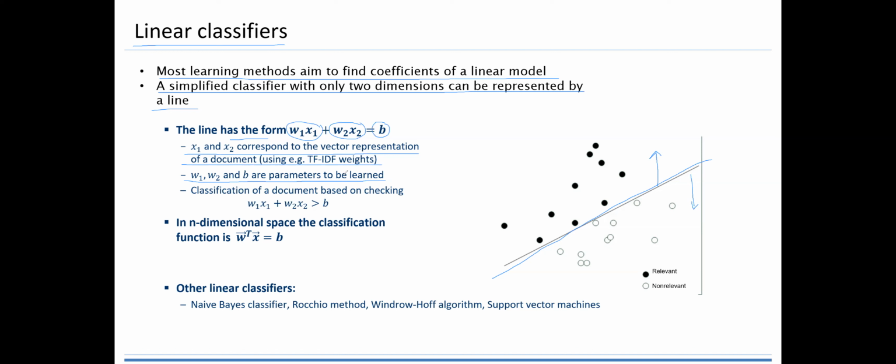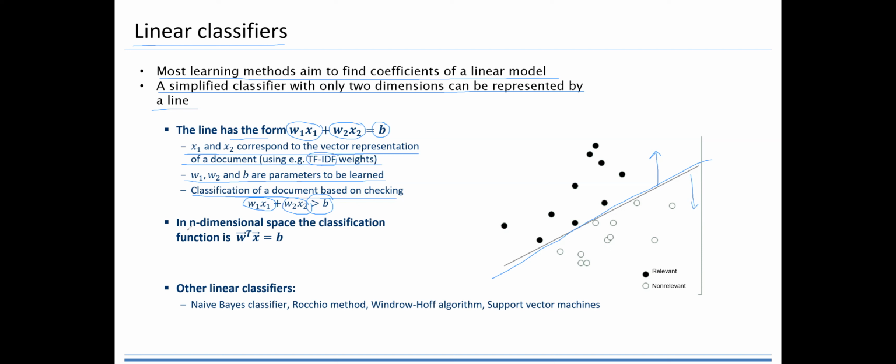If you already have the TF-IDF representation, you can classify a document by checking W1 multiplied by X1 plus W2 multiplied by X2, and whether it is higher than B or not.